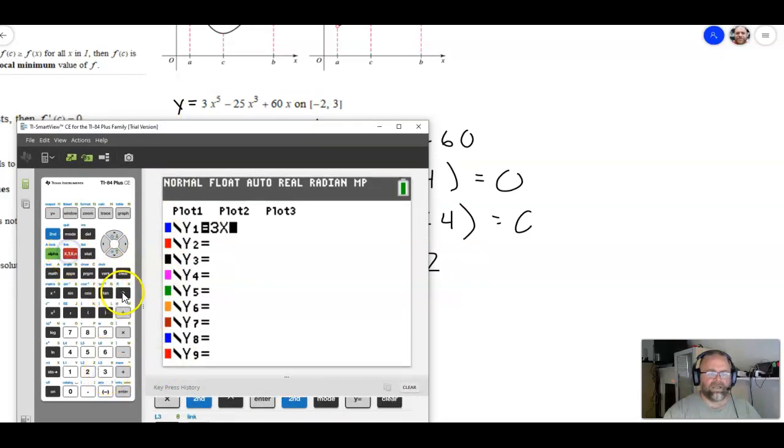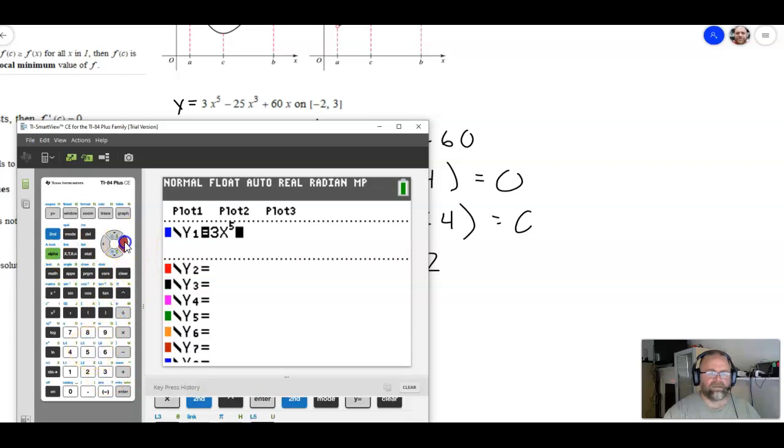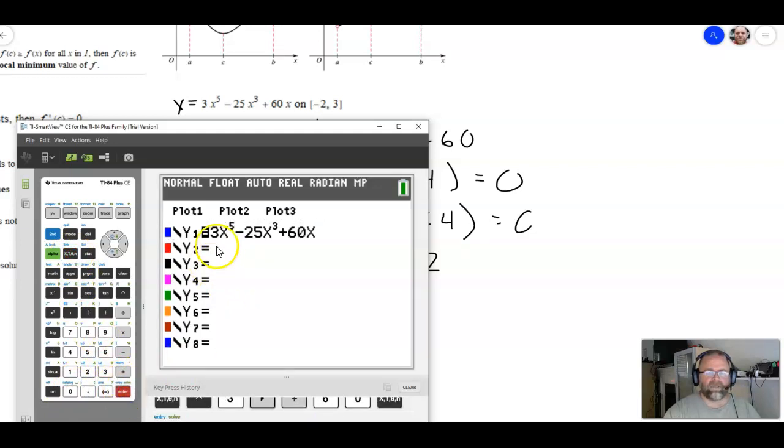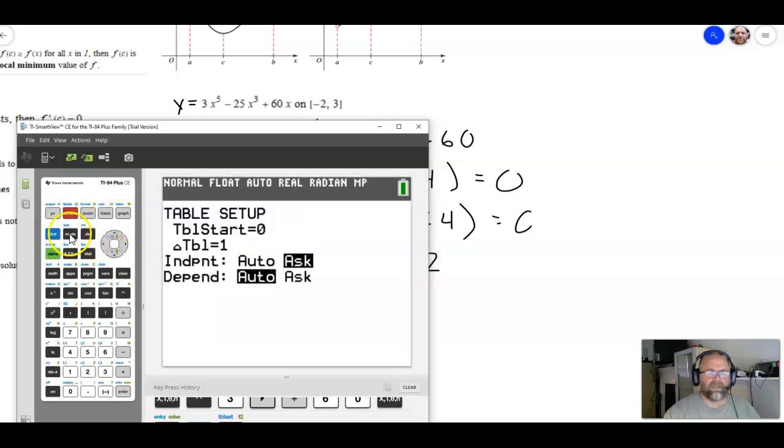So 3x raised to the 5th minus 25x cubed plus 60x, and let me make sure that's right. Looks good.